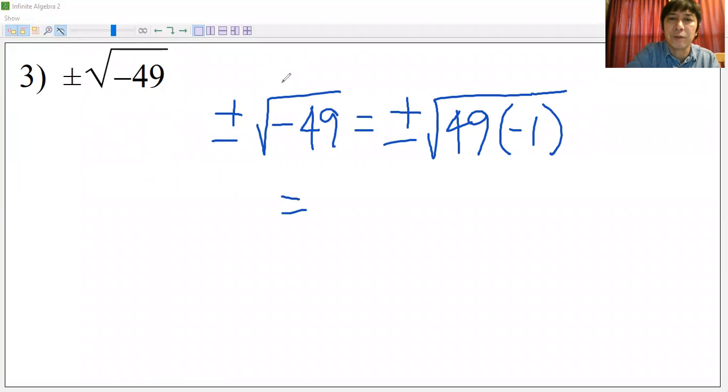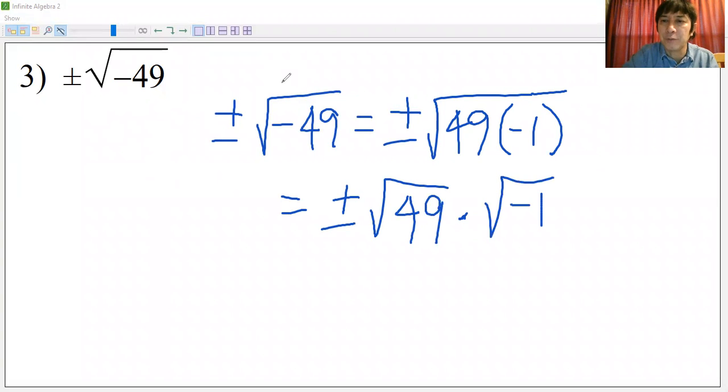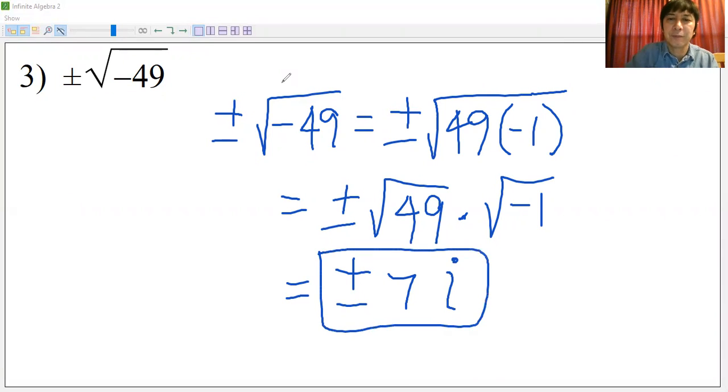And this is also equal to plus or minus square root of 49 times square root of negative 1. Okay. And this is equal to plus or minus 7i. There. That's the equivalent. And we can verify the answer. Okay. So that's plus or minus 7i.